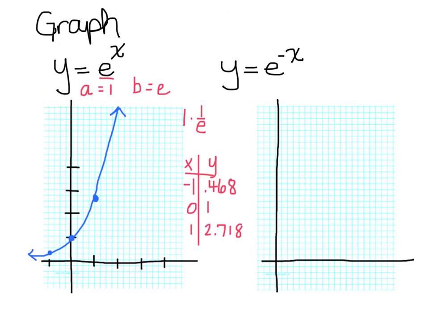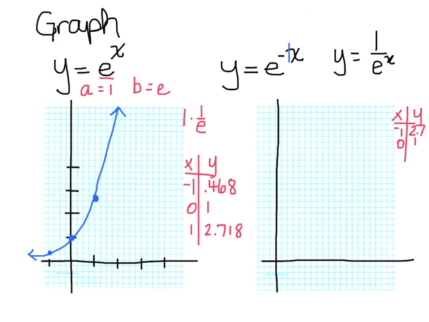In the second example, y equals e to the -x, don't forget, this is to the -1x. So this is actually the graph of y equals 1 over e to the x. And if I were to create a table for that, if I put in -1, it means I'm actually graphing e to the 1x, so this is going to be my 2.718. If I put in 0, I get e to the 0 is 1, so 1 over 1 is 1.